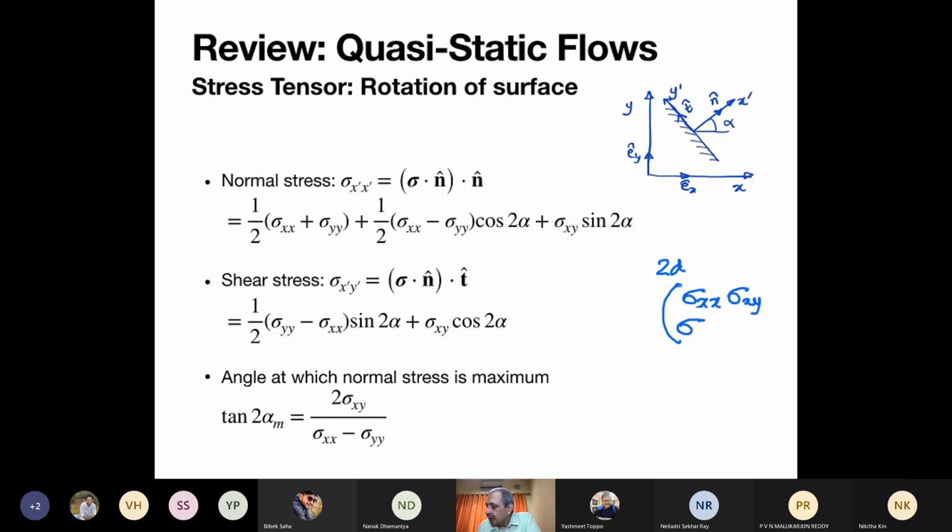So there are only 3 known values, xx, xy and yy. These 3 are given to us. And so if we change alpha, then we can calculate the normal stress in the new coordinate system and the shear stress in the new coordinate system. And if you want to calculate the angle at which the normal stress is maximum, then that is given by this.